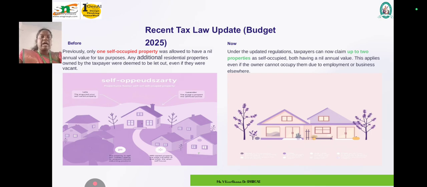But now under the updated regulations, taxpayers can claim up to 2 properties as self-occupied, both having nil value. This applies even if the owner cannot occupy them due to employment or business elsewhere. So before, only one self-occupied property was allowed to have a nil annual value, but in the updated version, 2 properties can be self-occupied without annual value.